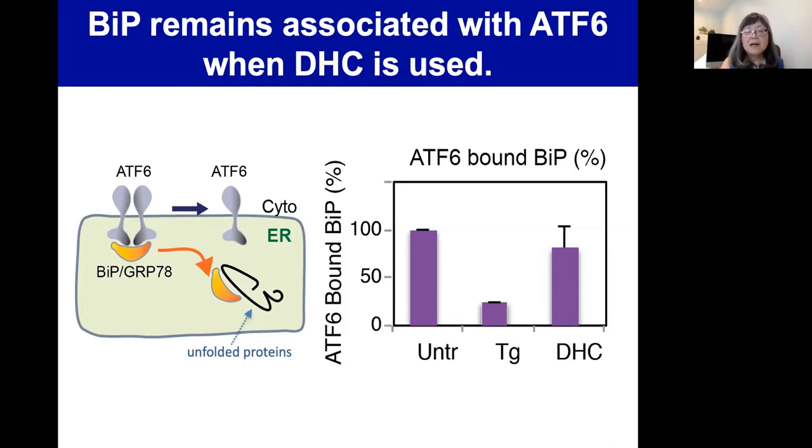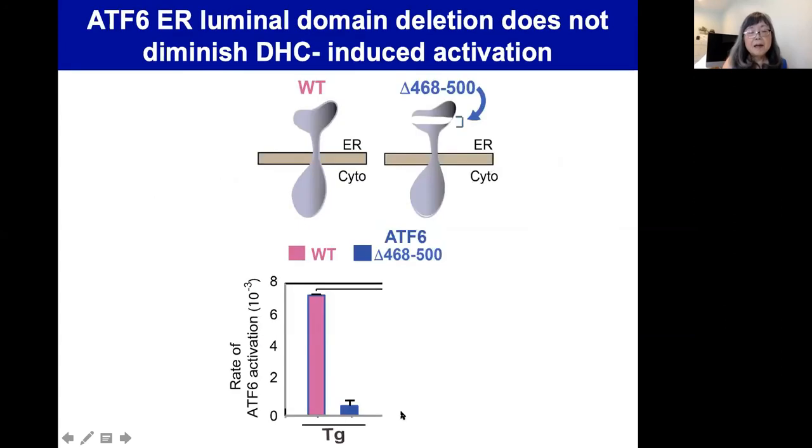Now, by the way, we confirmed that when those lipids are added to the cell media, cells take them up and they get to the ER. We also deleted the luminal portion of ATF6 that has been mapped as important for recognizing unfolded proteins.